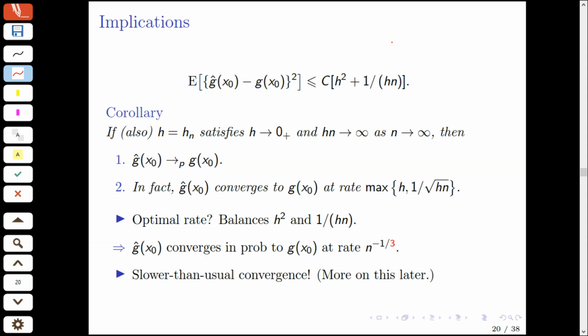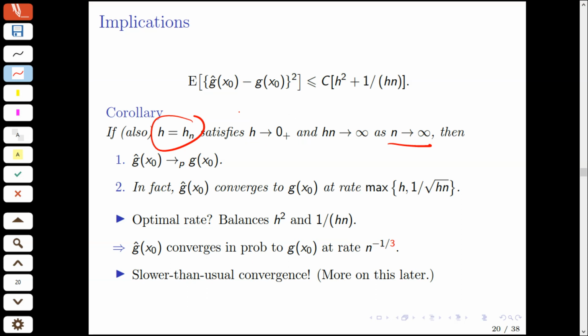Now suppose that in addition to the conditions of the theorem, the bandwidth h is in fact a function of the sample size, which satisfies the following conditions. As the sample size grows without bound, the bandwidth, a positive number, which now should be viewed as a sequence of positive numbers indexed by n, vanishes asymptotically. That is, it goes towards 0.